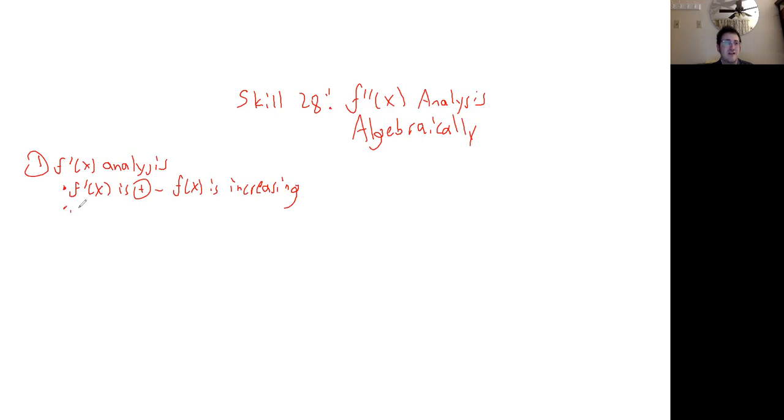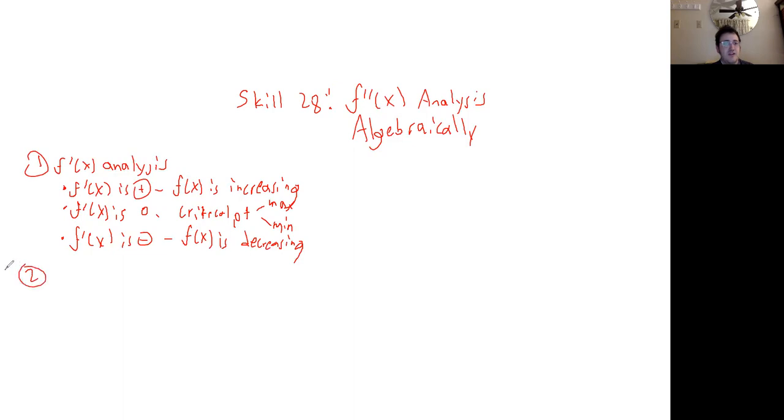If f prime of x is 0, that means that we have a critical point, maybe a max, a min, and we determine that using a sign chart. And then if f prime of x is negative, then that means that f of x is decreasing.